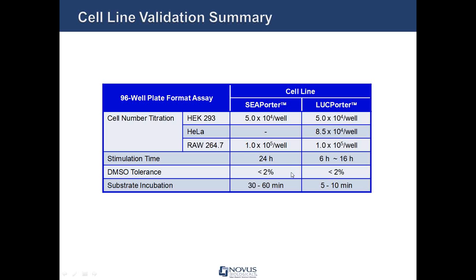And stimulation time will be SEAPorter 24 hours, LUCPorter 6 hours, 16 hours. DMSO tolerance is less than 2%. And also we checked the substrate incubation time for SEAPorter, 30 minutes to 60 minutes, and for LUCPorter cell lines, you need only 5 to 10 minutes substrate incubation.